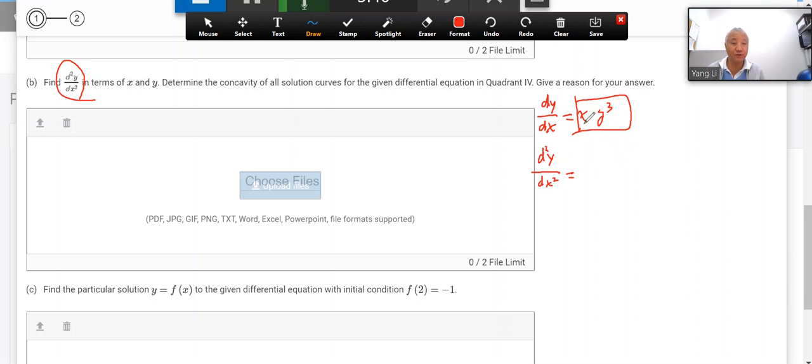When you do the product rule, the derivative of x is 1, times y cubed, and add, keep the x, times the derivative of this one, which will be 3y squared, like this, right? And then you multiply by dy/dx, don't forget that. So the product rule says: 1 times y cubed, plus x times 3y squared, times dy/dx, okay?